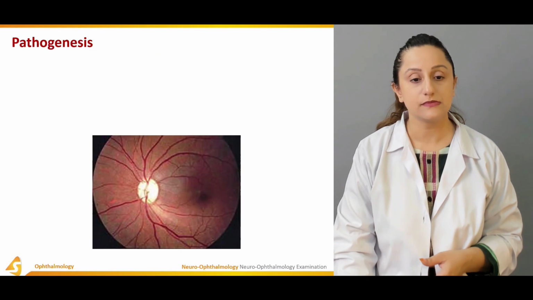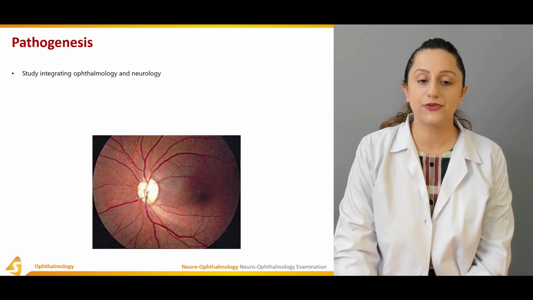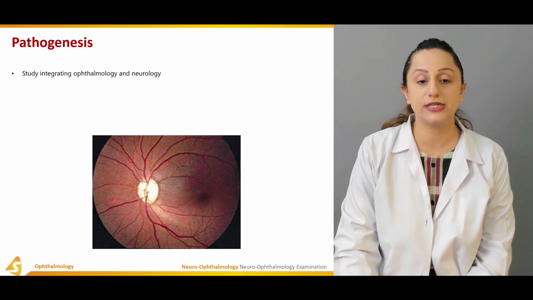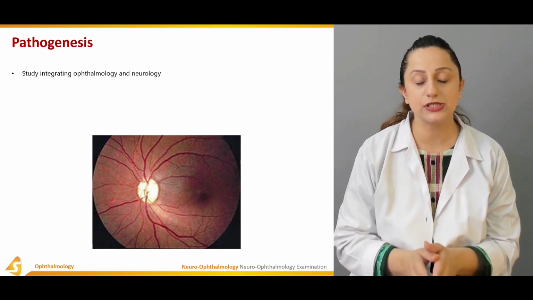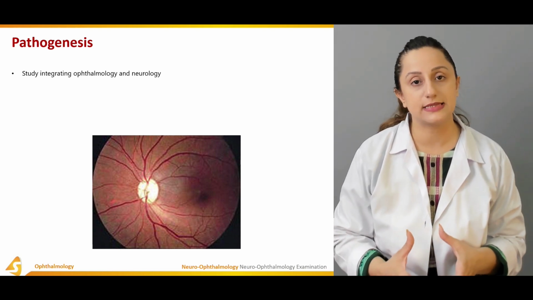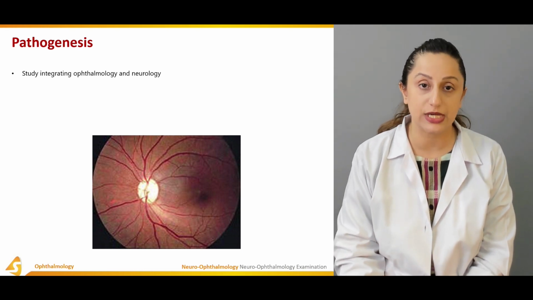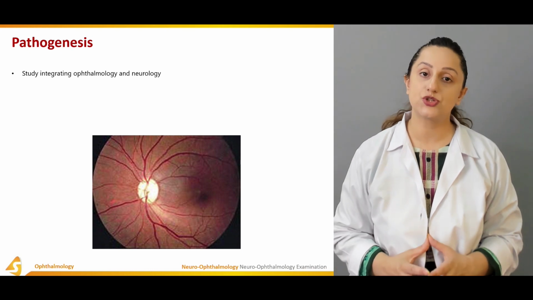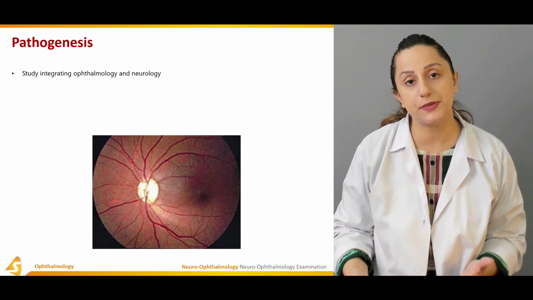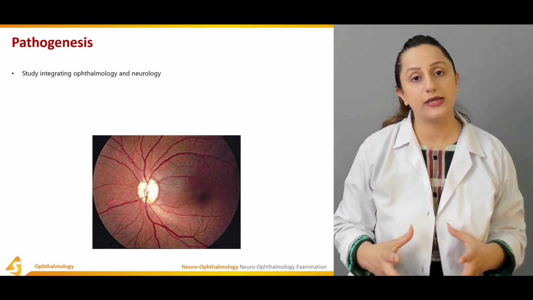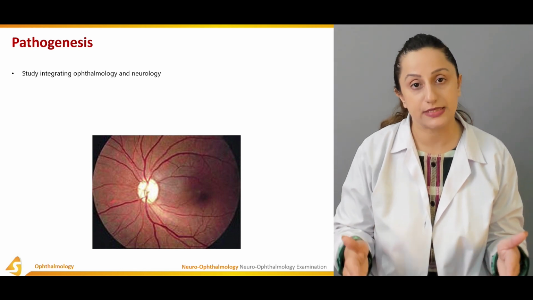So regarding the pathogenesis, the study integrating ophthalmology and neurology is the basics of what we're discussing in this section. Knowing the retinopathy is again very important, just to get to know what kind of changes we're going to study. These changes can be demonstrated by easy testing methods, for example ophthalmoscopy or fundoscopy, performed whenever we dilate the pupils and have a clearer view of the retina.